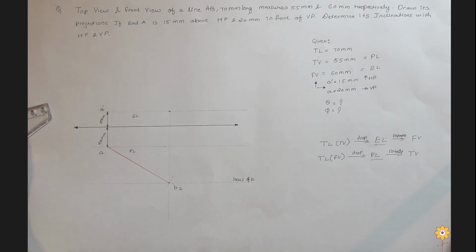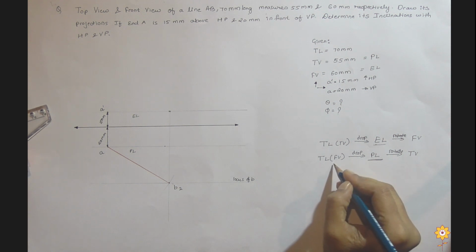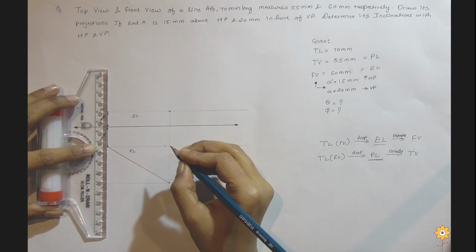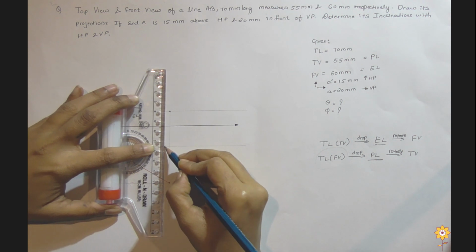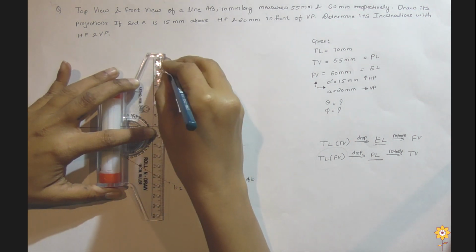Now the next part is my PL. While dropping my PL, I would get the true length of front view. So as I have my PL here, I would drop that up because I am going to get my true length of front view above the XY line.